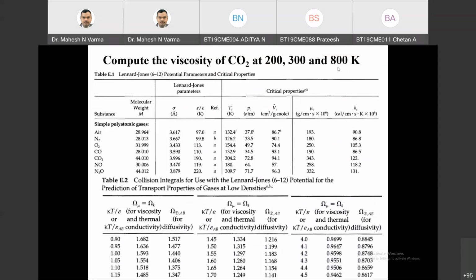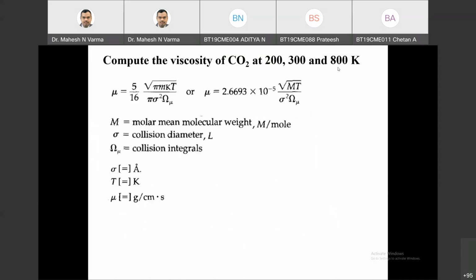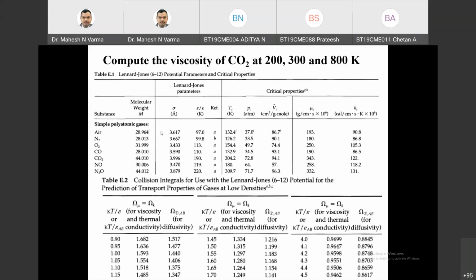The Maxwell equation tells me that mu is 2.6693 into 10 raised to minus 5 under root of MT, and this under root is only to the numerator, divided by sigma square omega. The collision diameter is in angstrom, temperature is in Kelvin, viscosity you will get in gram per centimeter per second, and M is molecular mass per mole. Okay, so everything is given.